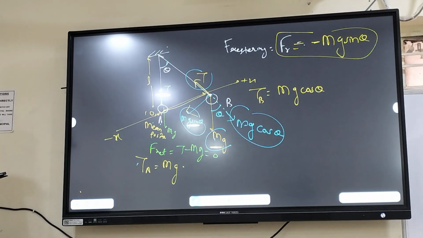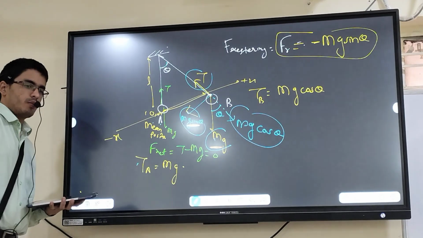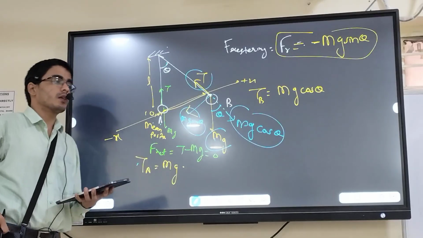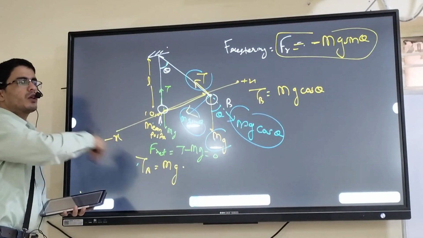Why is tension more at B? Because your particle is moving now, an oscillation to and fro.